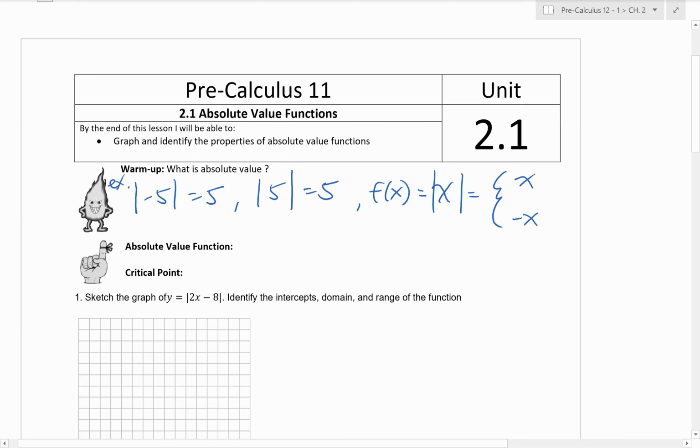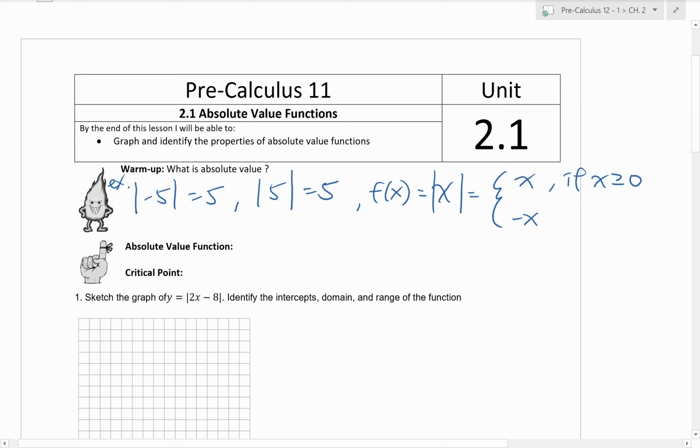Now think about this. If x was positive, then really the absolute value of x will just remain x. So it will remain as x if x is greater than or equal to 0. However, the absolute value of x, if x was negative, right?